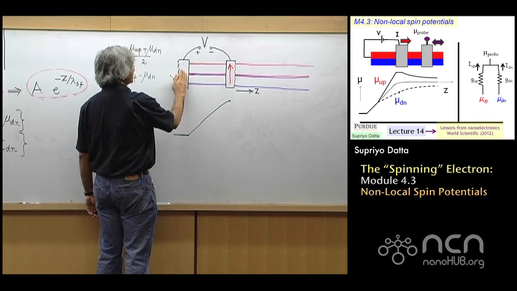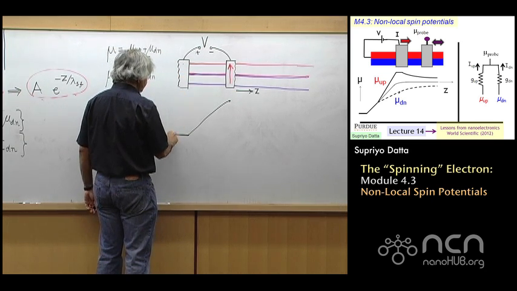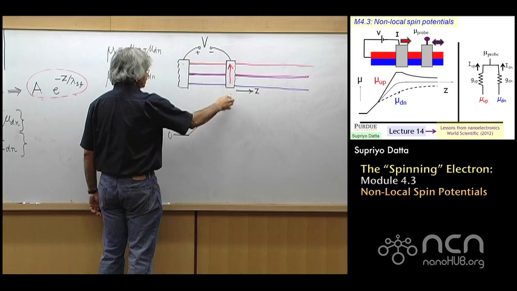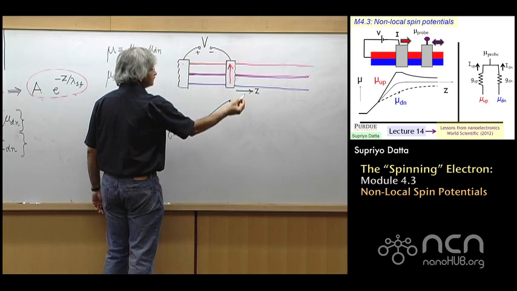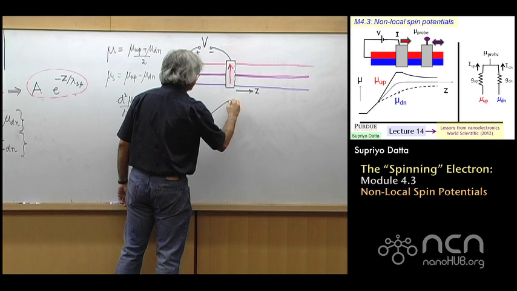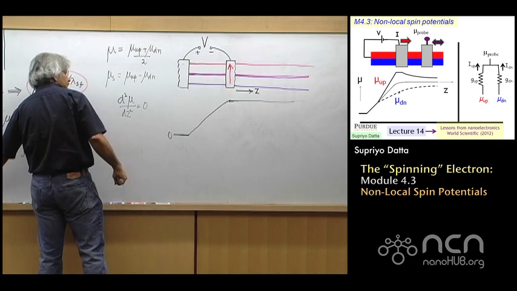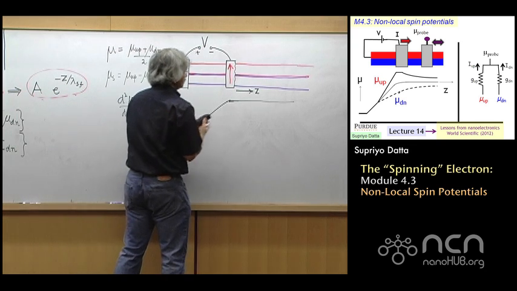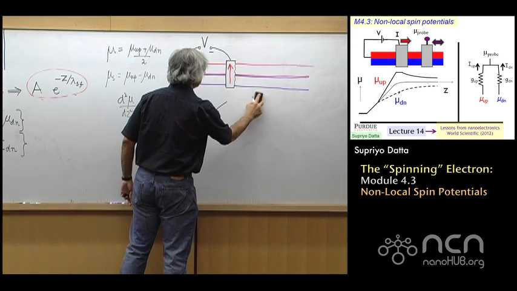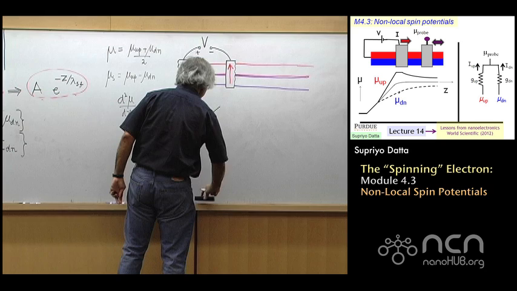If you think of this as our reference, which we call 0, then it will change linearly to some value here. And on this side, it will again be flat at some value. Now, let me lower that a little bit, so I have some room here.